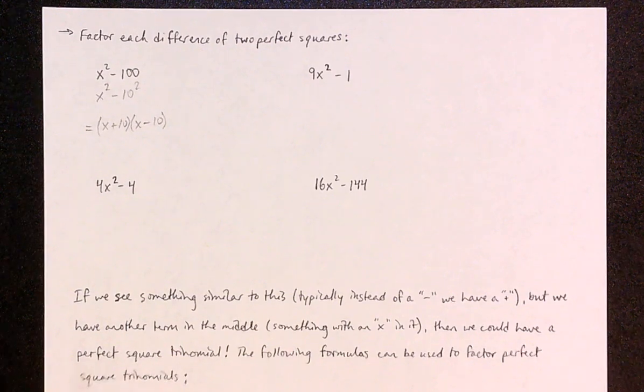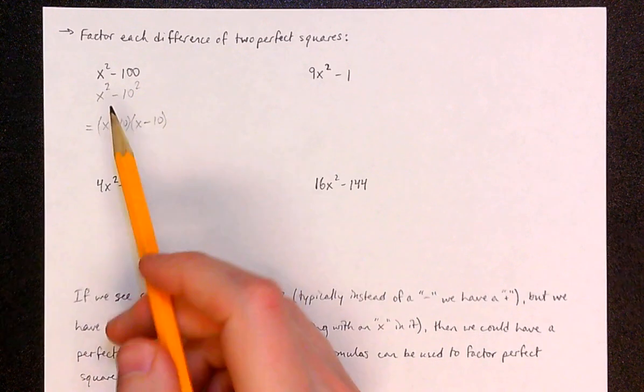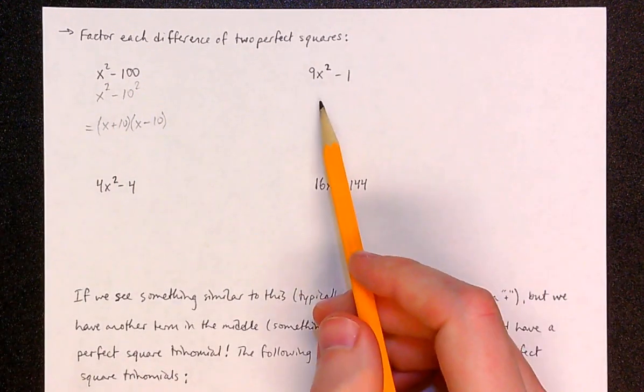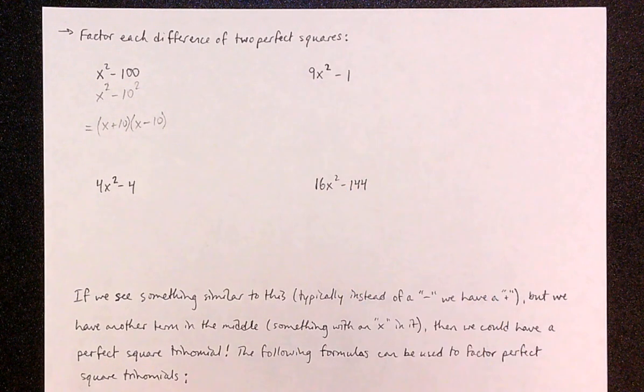So this is how we factor x squared minus 100. But not all of these are quite as nice. Not all of them are just x squared. Something like this is something you could also see: 9x squared minus 1. So this one requires a little bit more thinking.